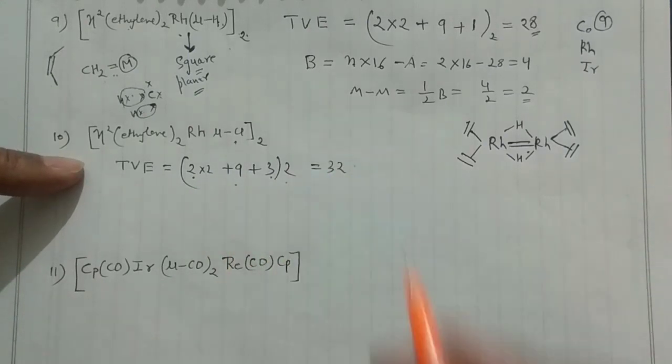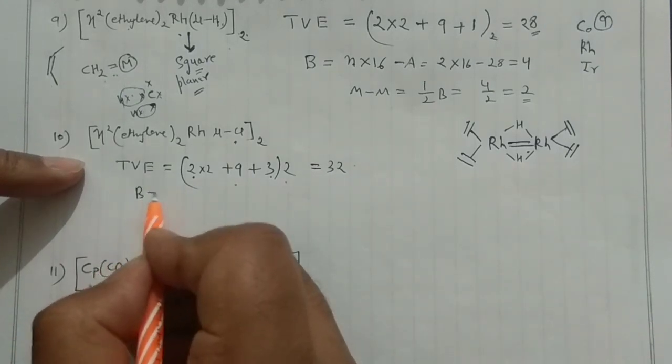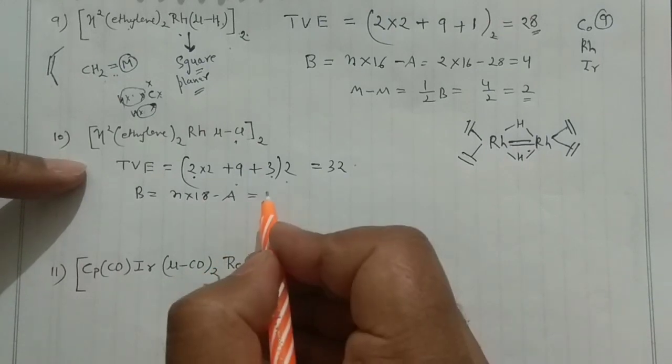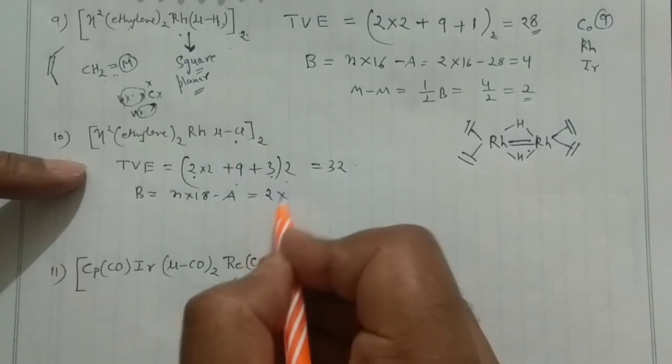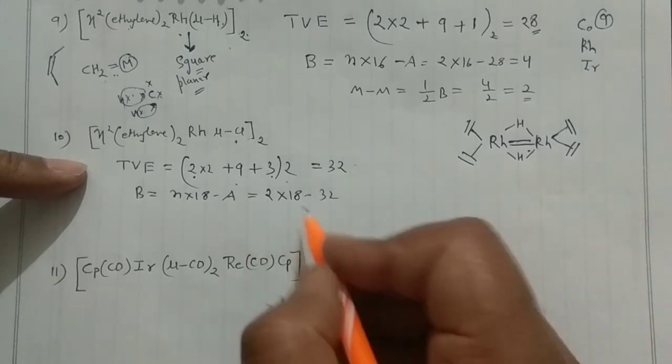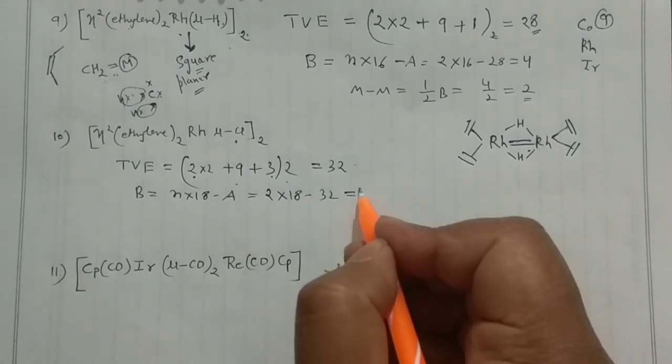32 electrons are there. Okay, and if you want to determine the value of B, that means n into 18 minus A, that means 2 rhodiums into 18 minus 32, 36 minus 32, that is 4.